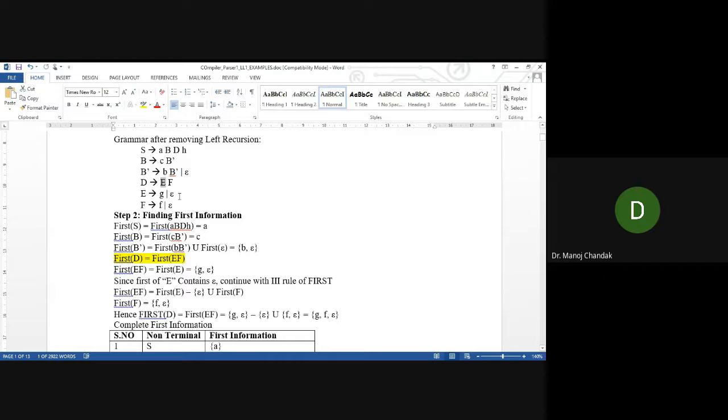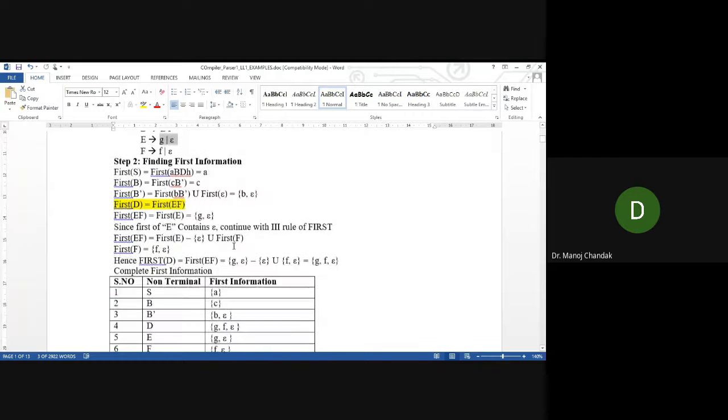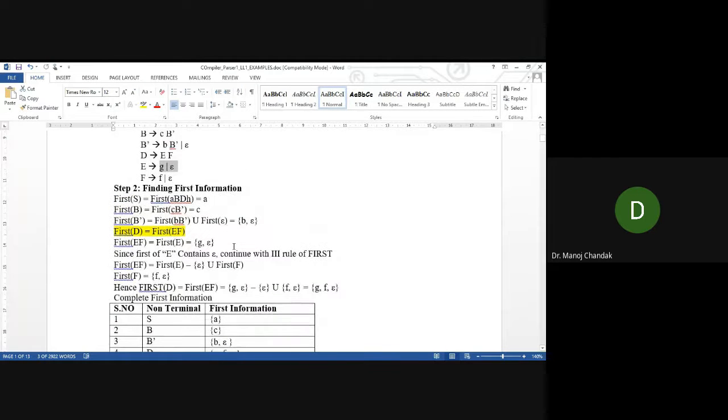Okay. Right. So since it is G followed by epsilon, you need to resolve epsilon. Why do you need to resolve epsilon? Because no string will be starting with epsilon.